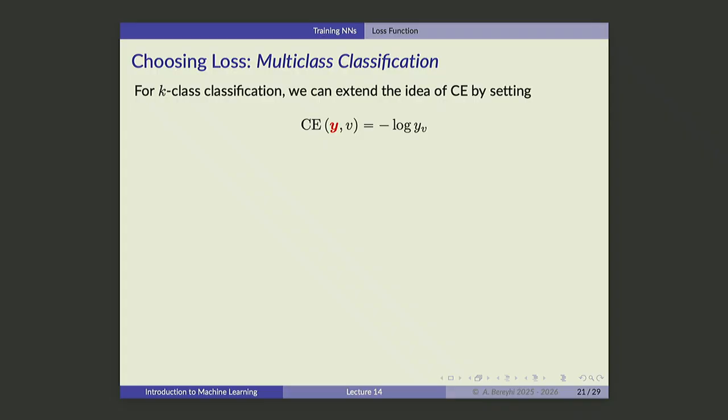Now you want to maximize this likelihood, so you want to make this y close to 1 and everybody else close to 0. You compute the log likelihood, and then instead of maximizing it, you just minimize its negative. Everybody's clear?